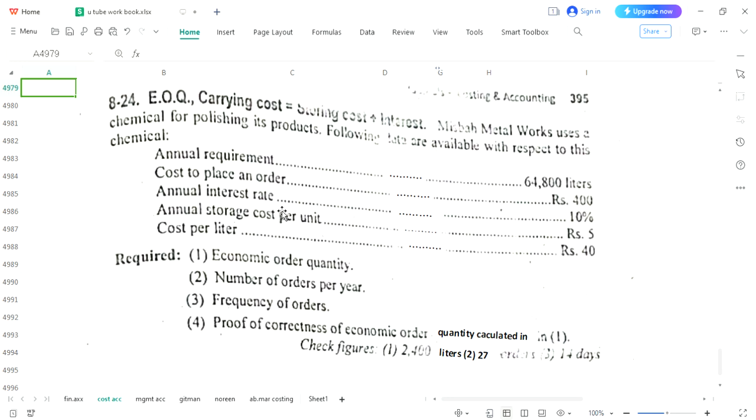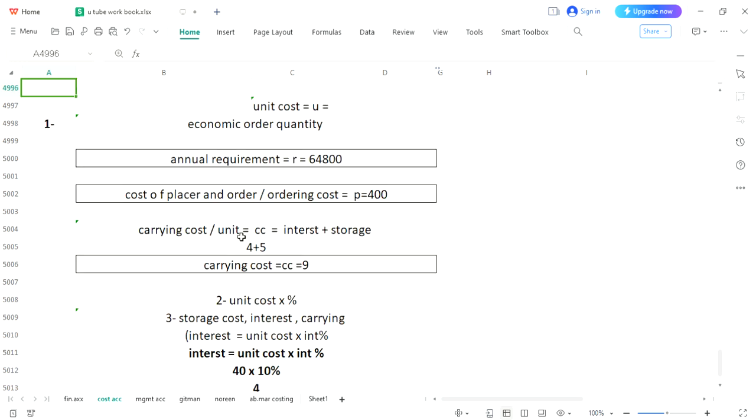The twist of this question, or the key moment, was these two things: annual interest rate and storage cost. And as you can see, they are specially mentioned over here as well. Carrying cost would be equal to storage plus interest. Though we haven't seen this heading before, we have calculated interest. It was 10%, and to calculate this interest, look here, you calculated carrying cost 9.